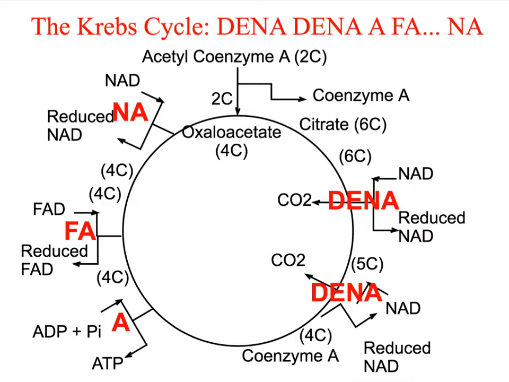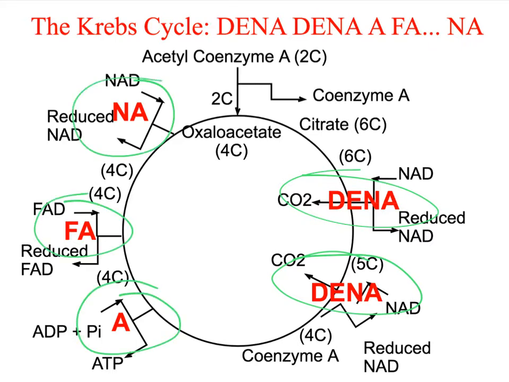You can see that it goes DiNaD, DiNaD, A, FaNa. DiNaD is decarboxylation and dehydrogenation, so you get reduced NAD and CO2 twice. Then you get ATP, the A, then the Fa, which is the FAD, so dehydrogenation going on and FADH is produced, and another reduced NAD.